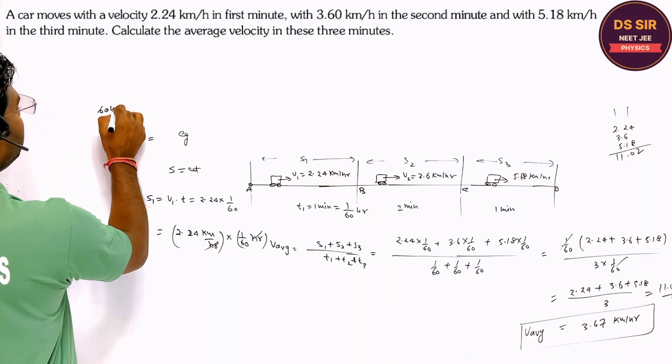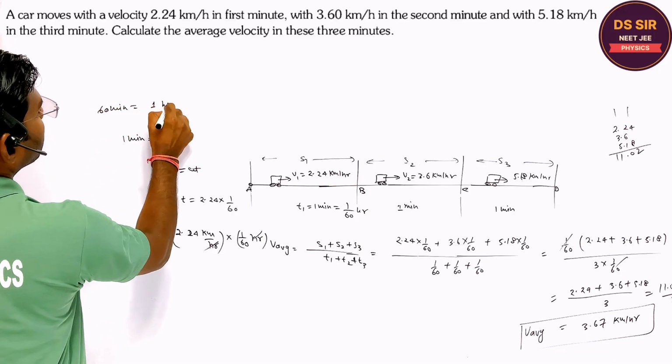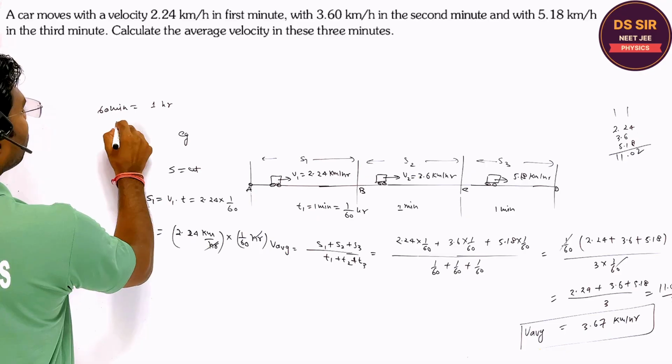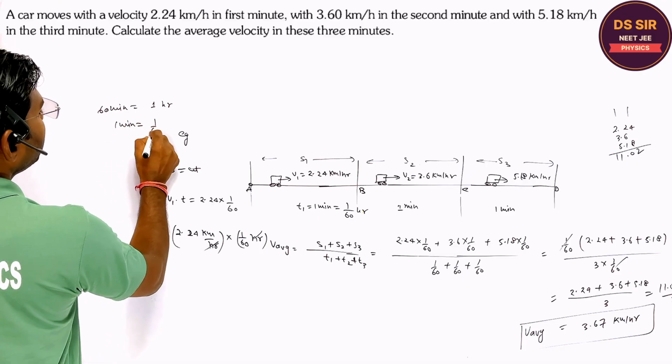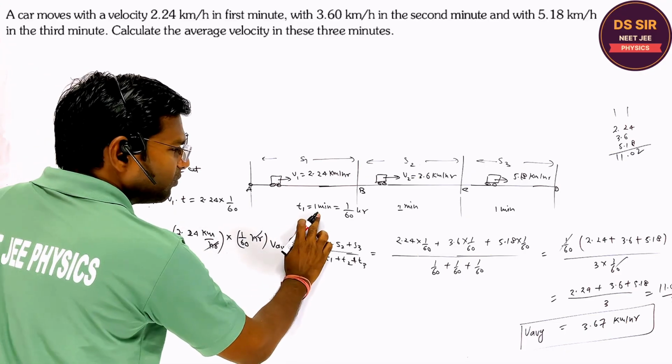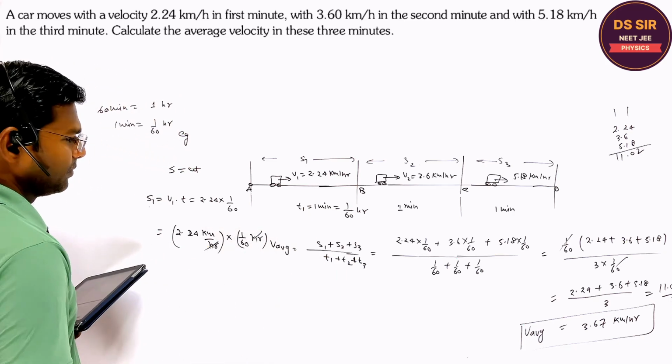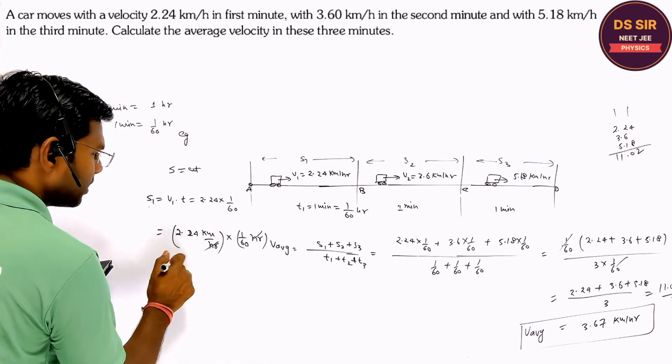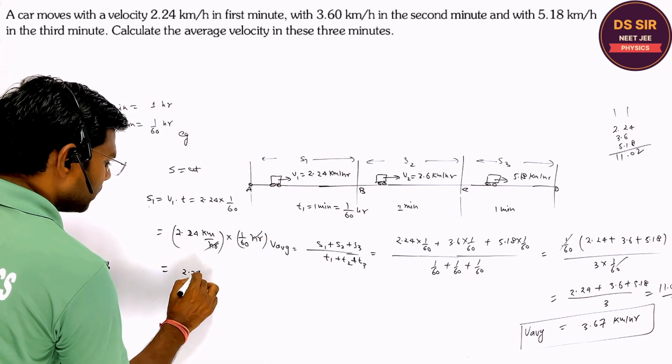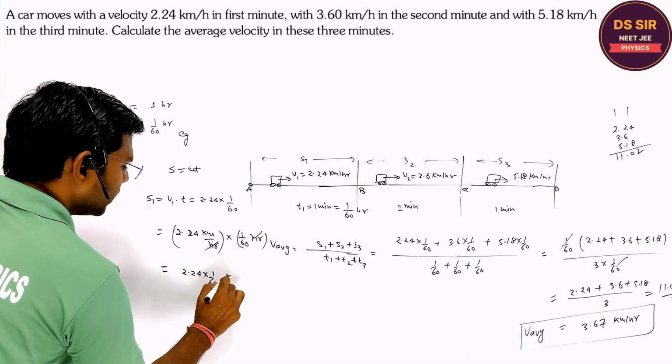In 60 minutes, which is 1 hour, therefore 1 minute is equal to 1 by 60 hour. So I have converted the minute into hour, so that the distance can become kilometer.